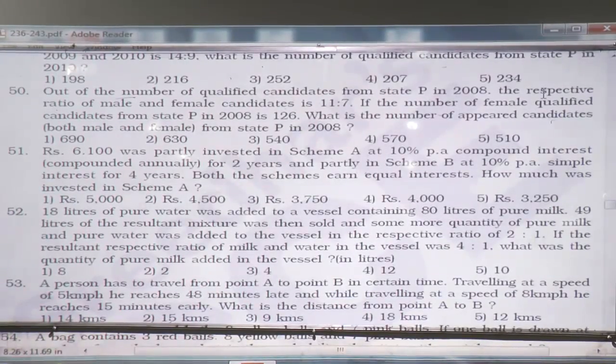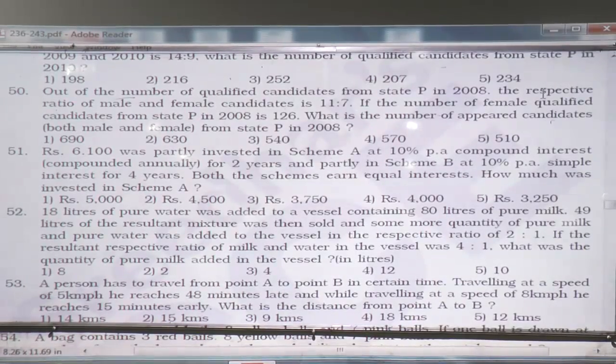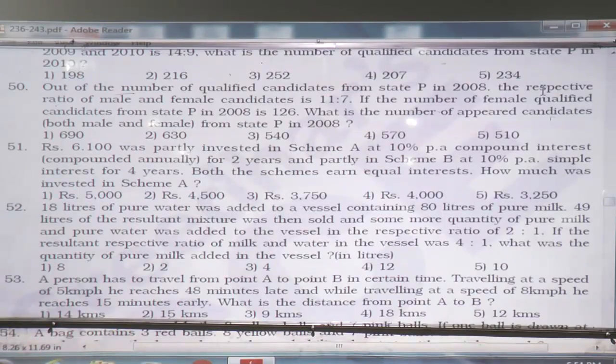At the rate of 10% per annum for 2 years, you will get total 21% interest. Yes? And partly in scheme B at 10% per annum simple interest for 4 years. So total you will get 40%. And both the schemes earn equal interest. How much was invested in scheme A?